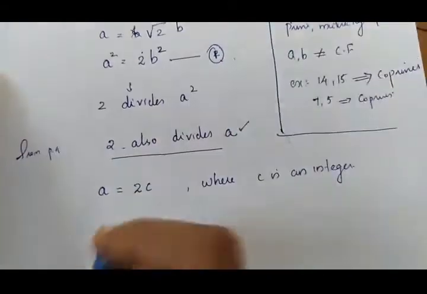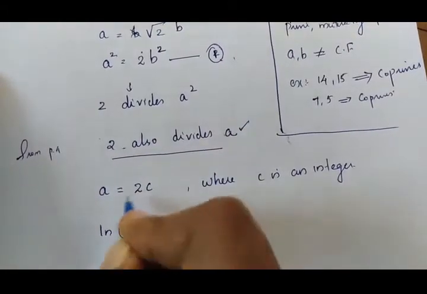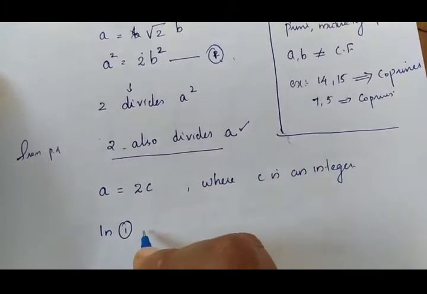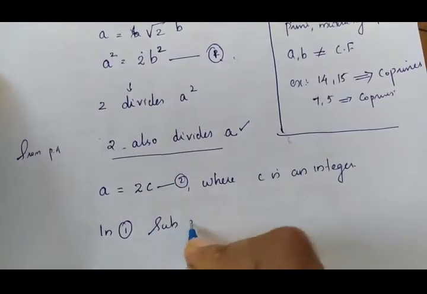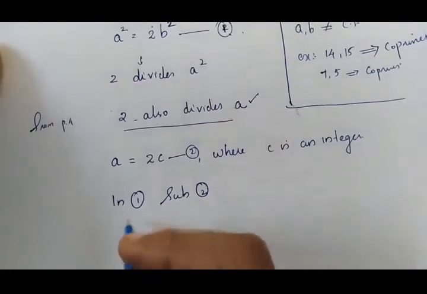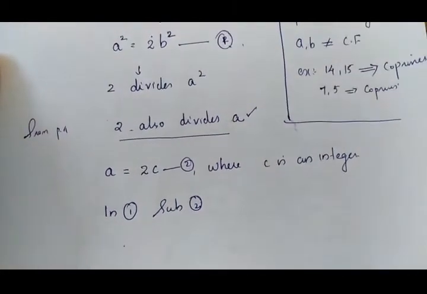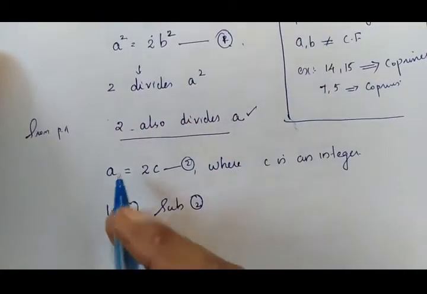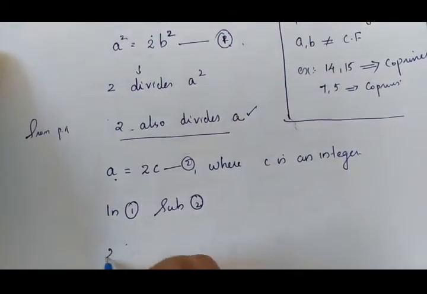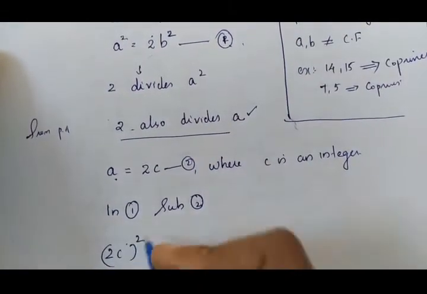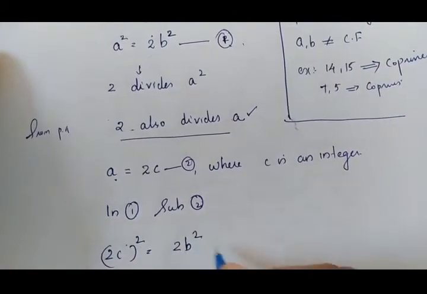In equation 1, a square is equal to 2b square, we substitute this value of a. So (2c) the whole square is equal to 2b square.